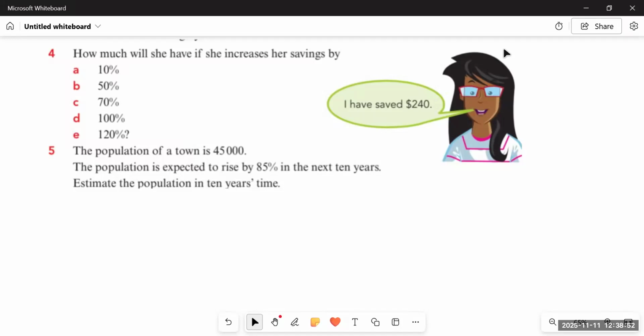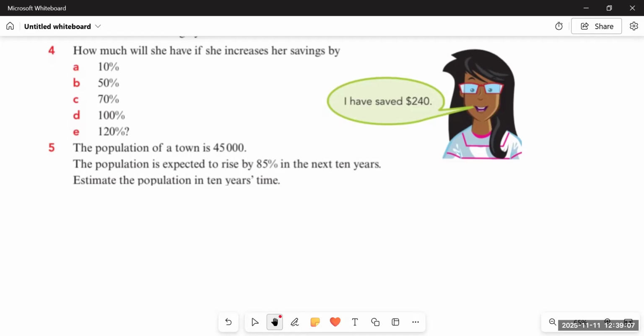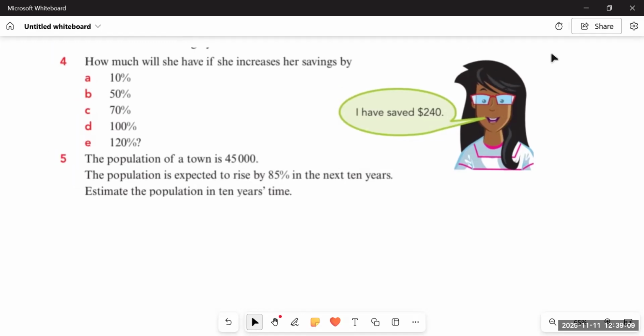Now, question number 4 says, how much will she have if she increases her savings by 10%, by 50%, by 70%, by 100%, by 120%? Okay, so here in this question, there is a girl and she said, I have saved $240.